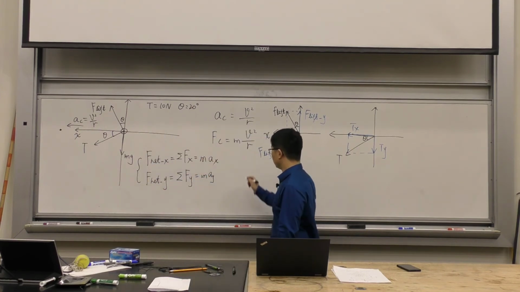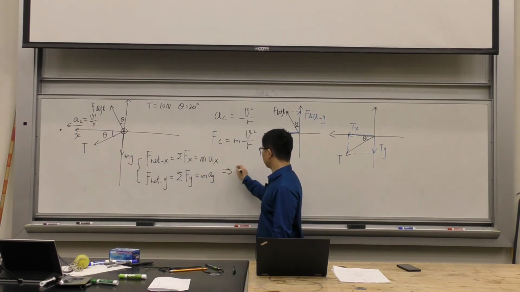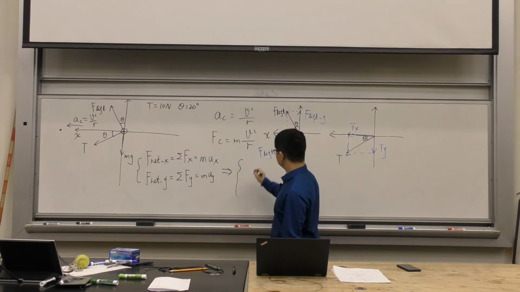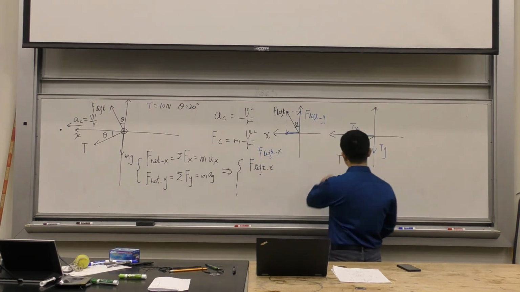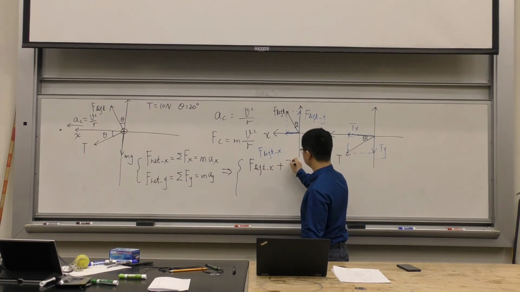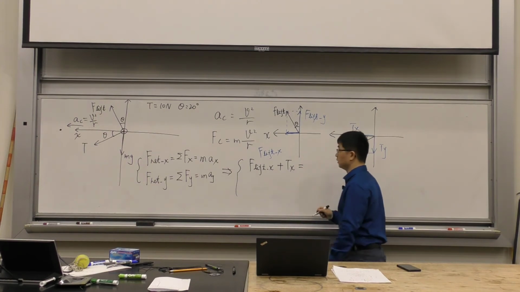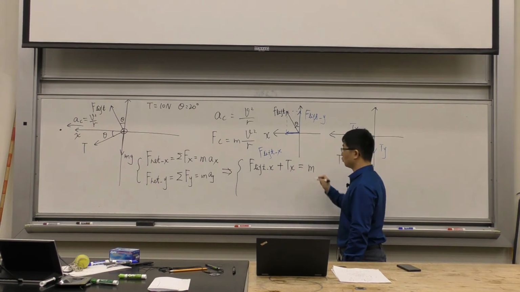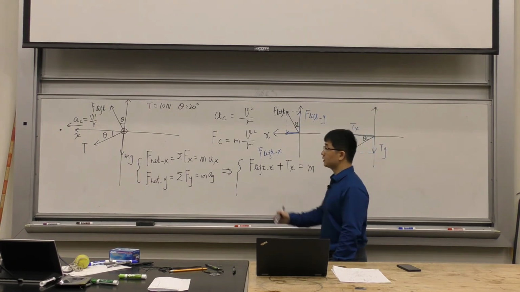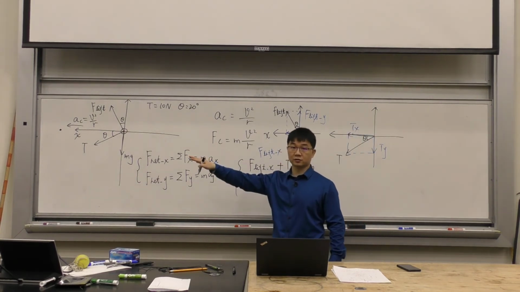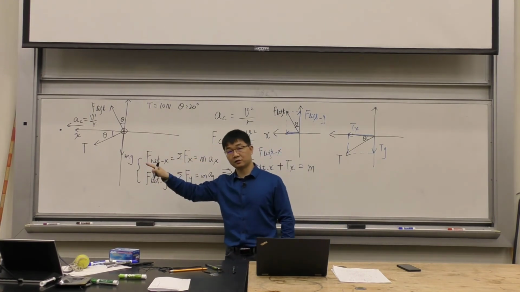All right, so what do I get? I will get this at the end. The lifting force in x direction, positive. The tension in x direction, positive. And that's everything in x direction, so I can write the equal sign and mass. What is the acceleration in x direction? It doesn't have any normal acceleration in that direction because it's not moving in that direction, but the centrifugal force is then in that direction.